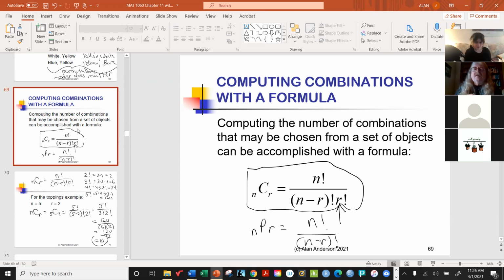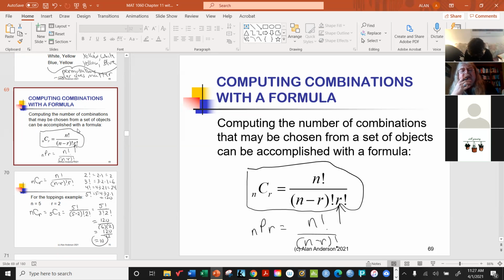I wrote the formula for permutations directly below so you can see where they differ. With the combinations formula, there's only one difference: we have an extra r factorial in the denominator. Okay, so write that down.